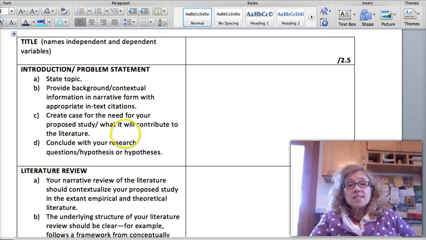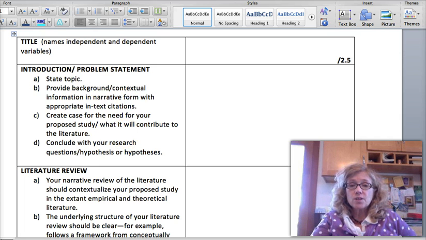You create the case or the need for your proposed study and what it will contribute to the literature. Remember, quality research builds on, either replicates or extends our learning in some way in a particular field. And you conclude that section with your research questions, your hypothesis or hypotheses.